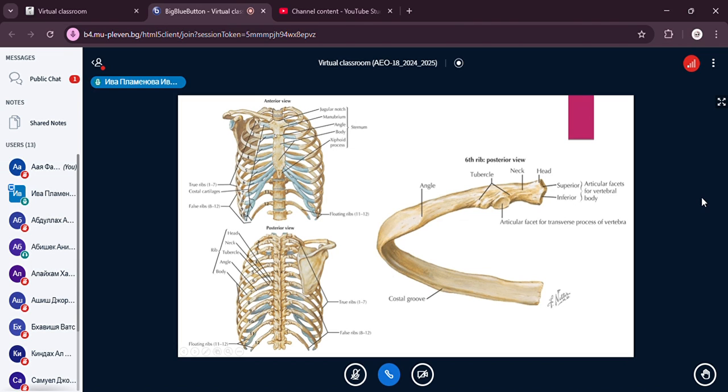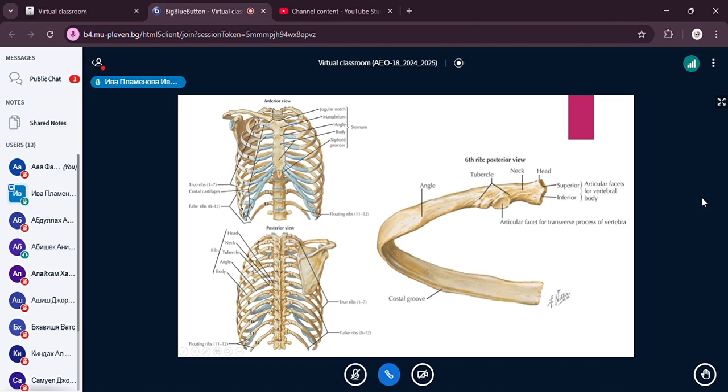The sternal angle between the manubrium and the body, which we can feel below the skin. We can palpate it. And at this level is the second rib. From third to seventh are attached to the body of the sternum.